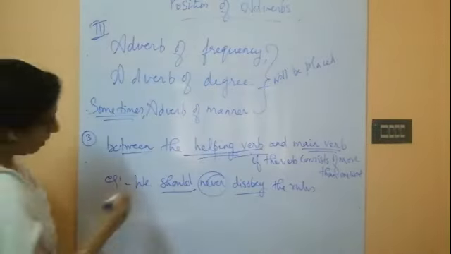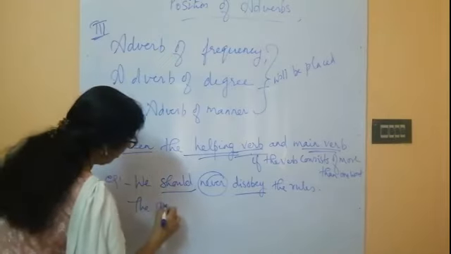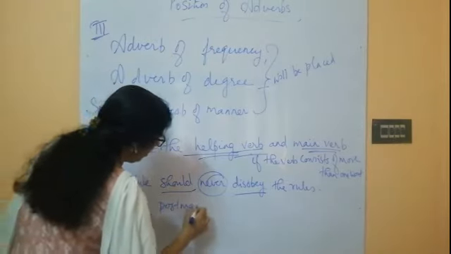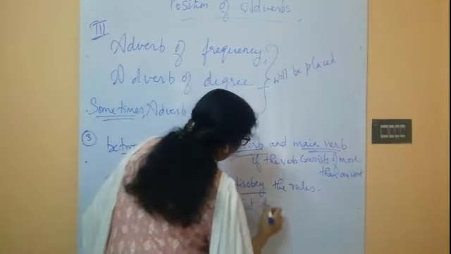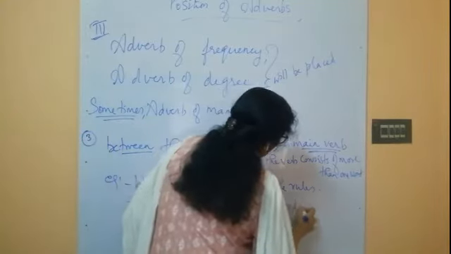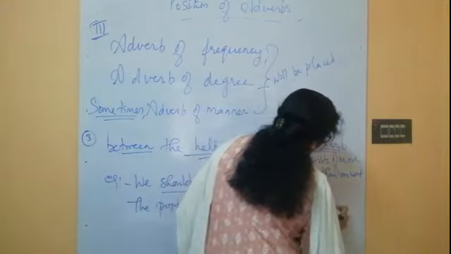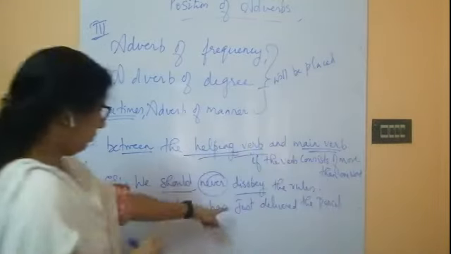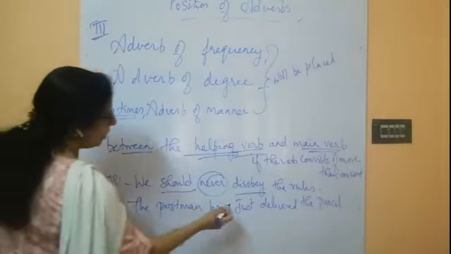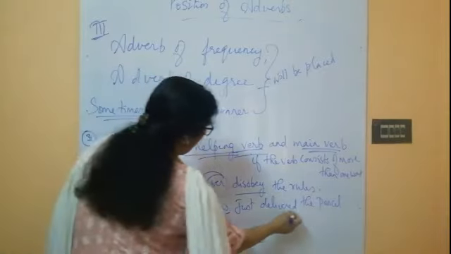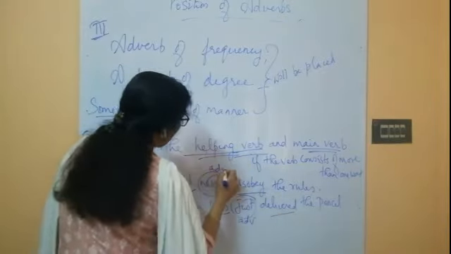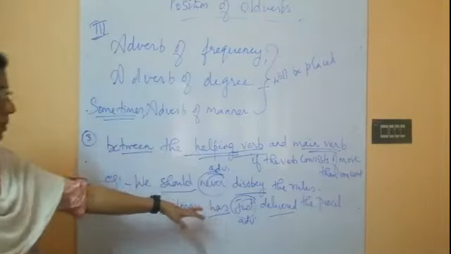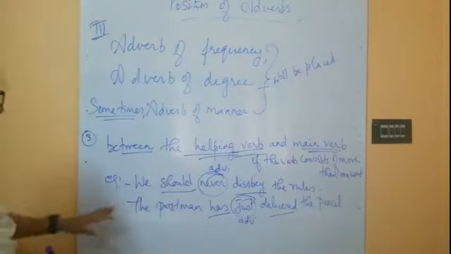Okay, next example, the postman has just delivered the parcel. So here also you can see helping verb, main verb, adverb. Okay, so from this it is very clear from these two examples.